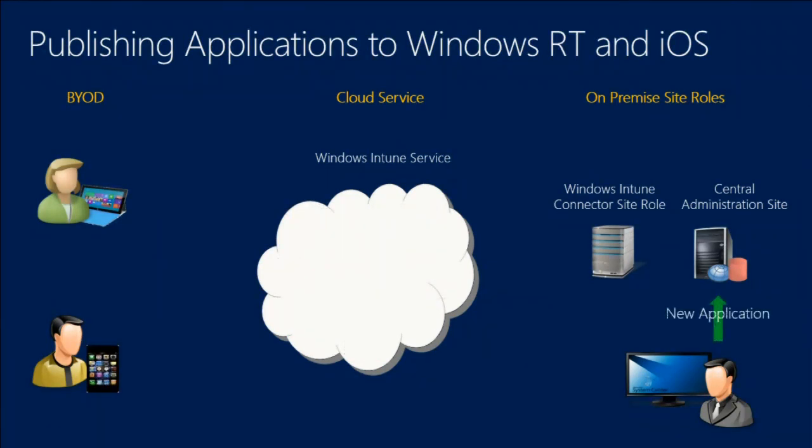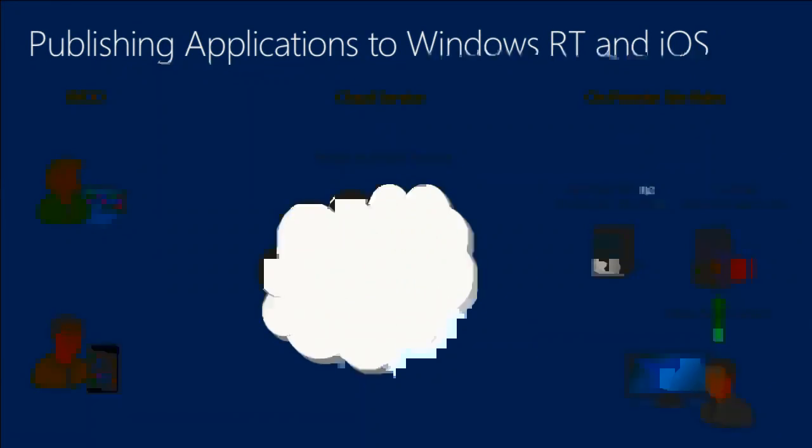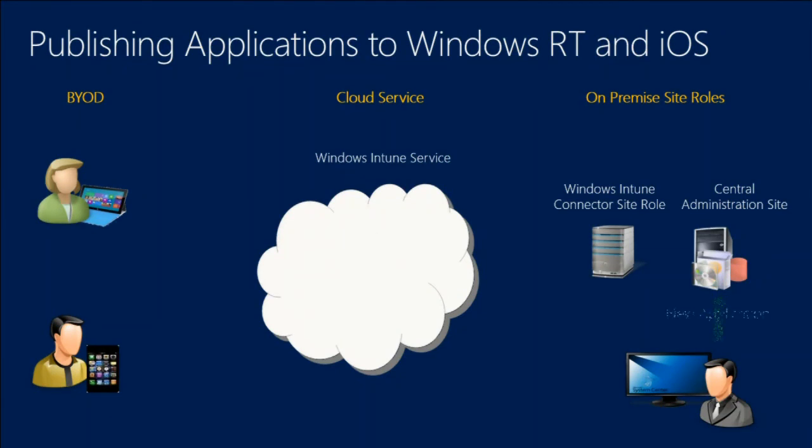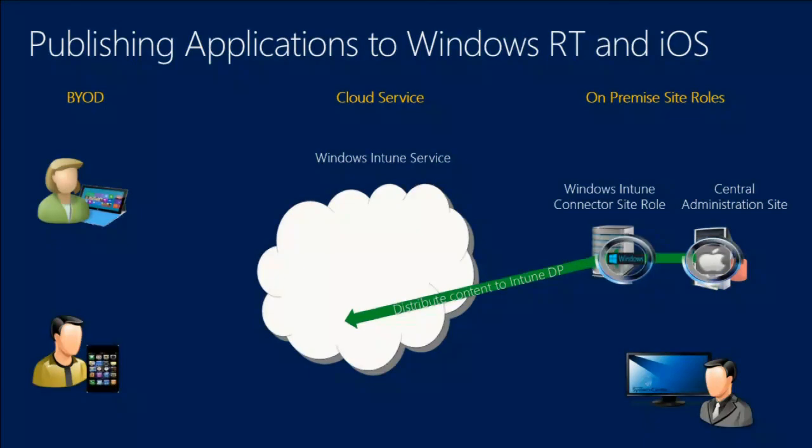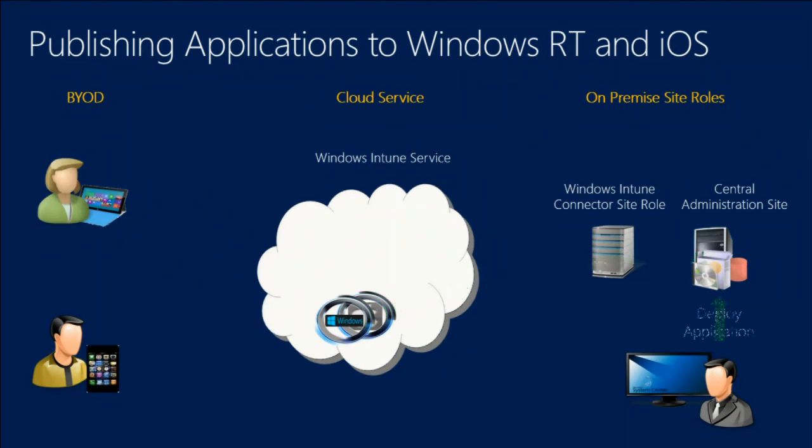So what happens is, first the IT admin publishes a new application. It goes to the primary site, and through the Windows Intune connector site role, it can go to the cloud DP. Mark showed you as part of the demo that you can publish the application not only to your on-prem DPs, but to the cloud DP, which is the Windows Intune DP.